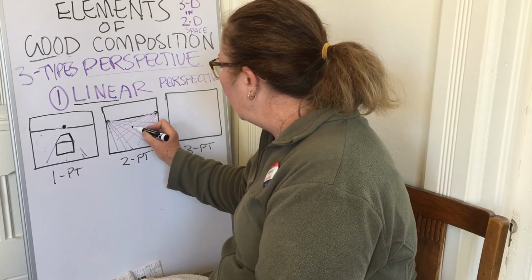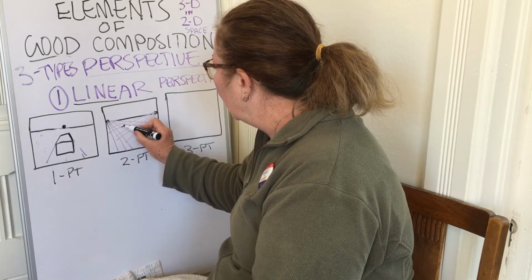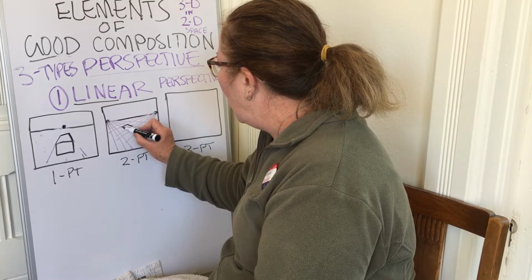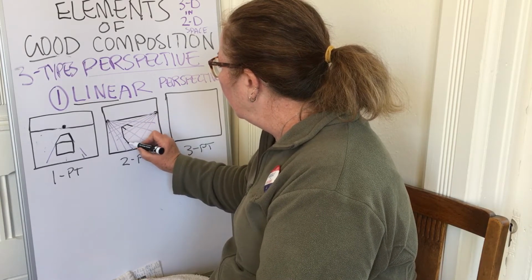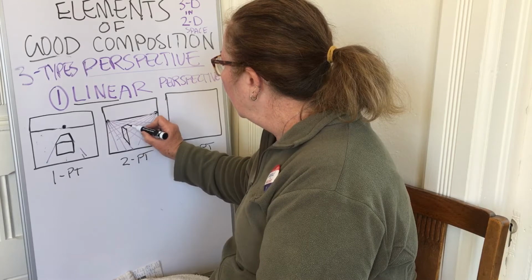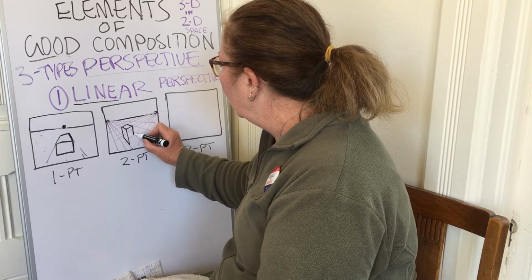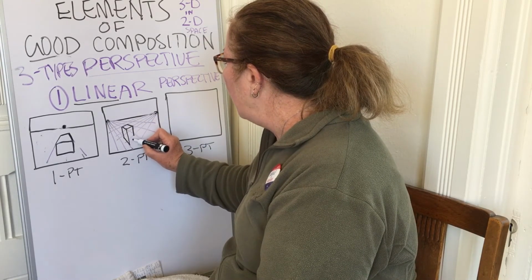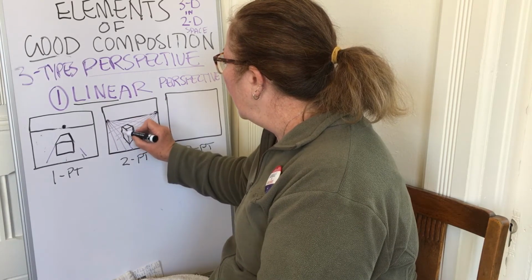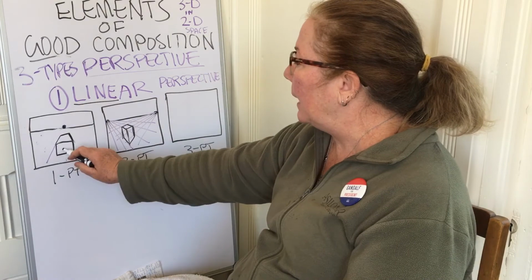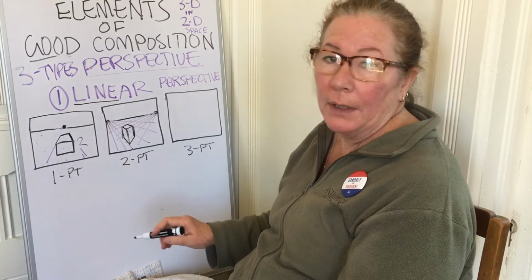So in this case, if I was going to say we have that box, or maybe I have a building, I use the lines to describe the building. And then here on 1 point, I can only see 2 sides of the thing.